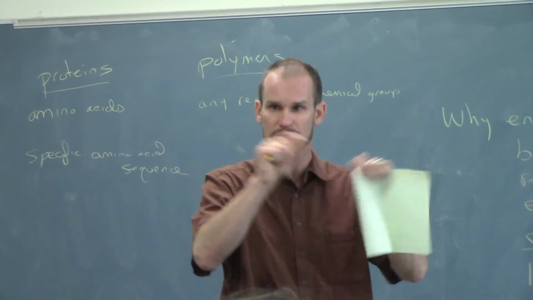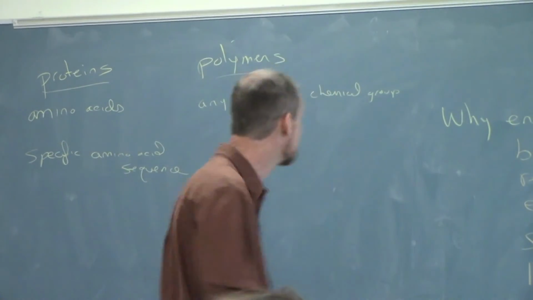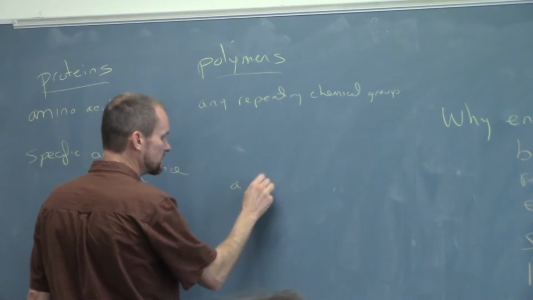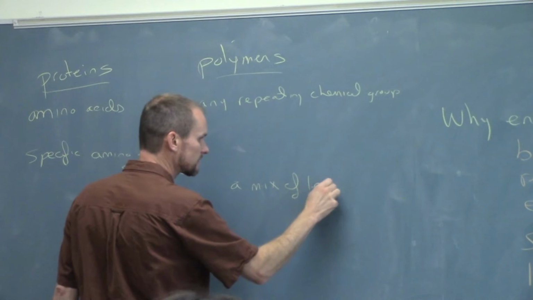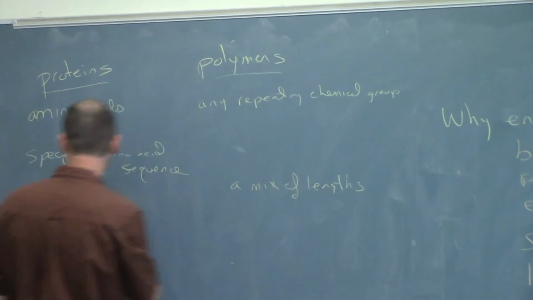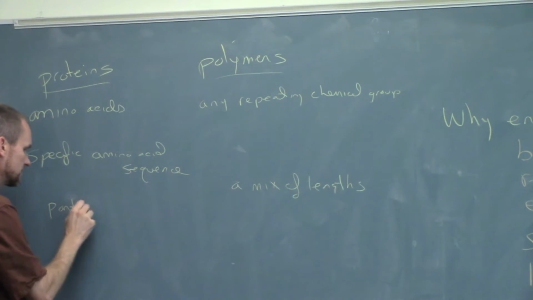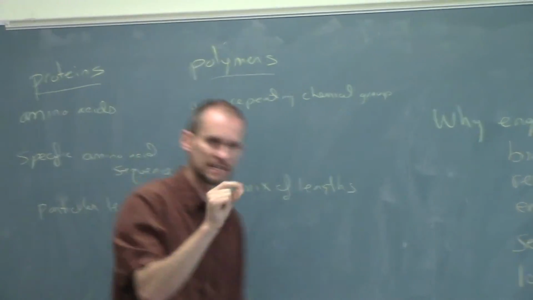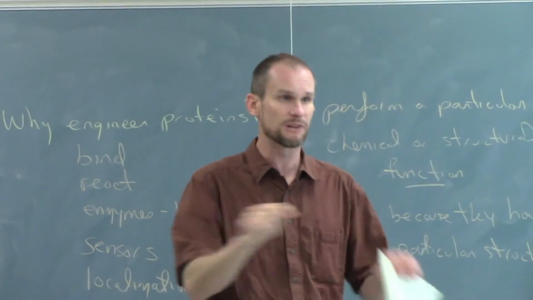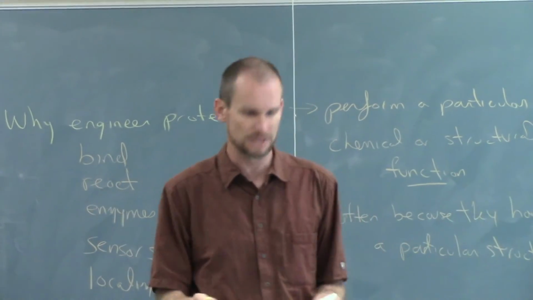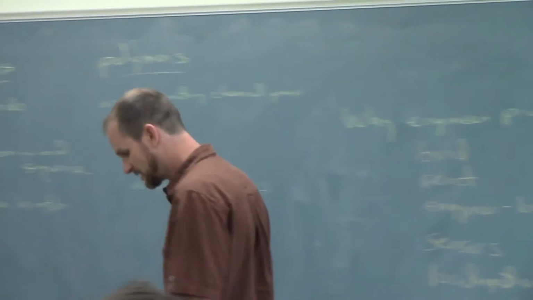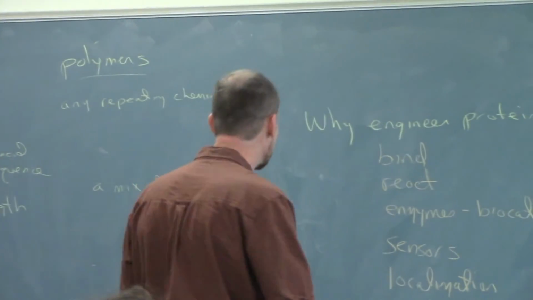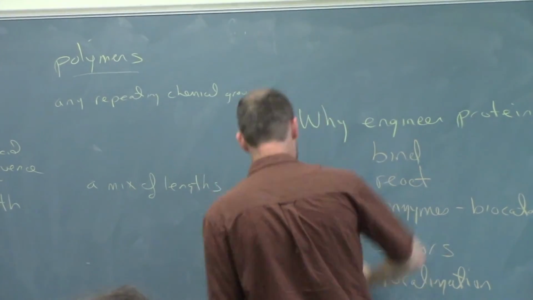You can have heteropolymers of different things, but they're just long repeats. Polymers would often be a mix of lengths, whereas a protein would have a particular length. So it's one of the very few molecules that we can exactly specify what we want the molecule to be and get up to very large molecular weights. So we have exquisite control over the chemical structure of the proteins.